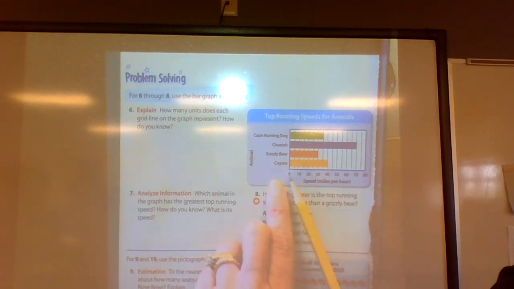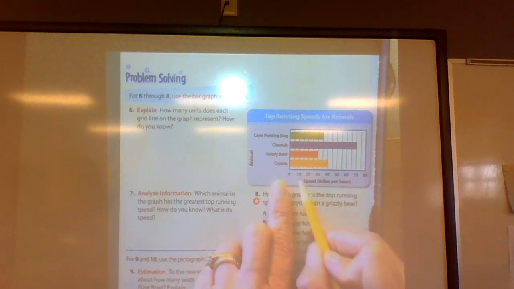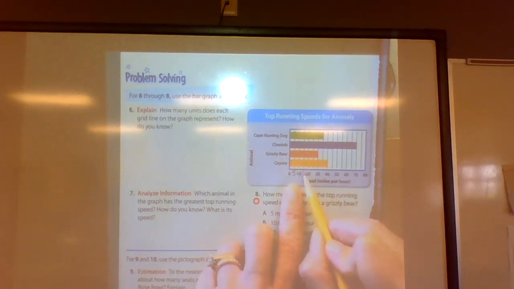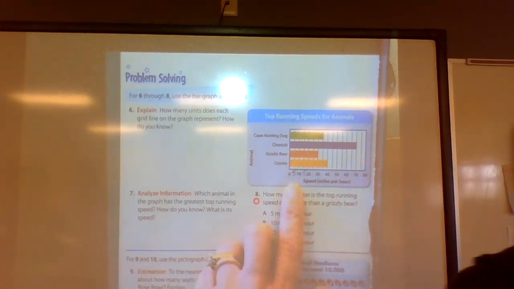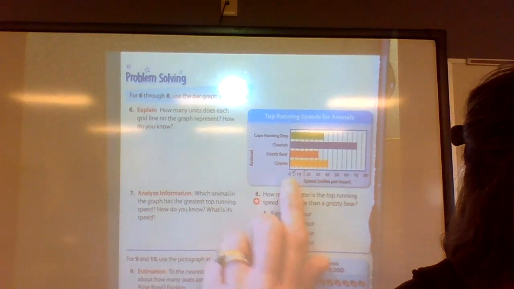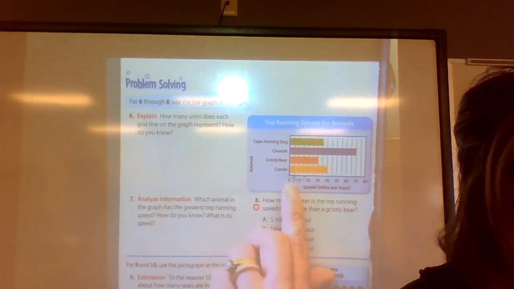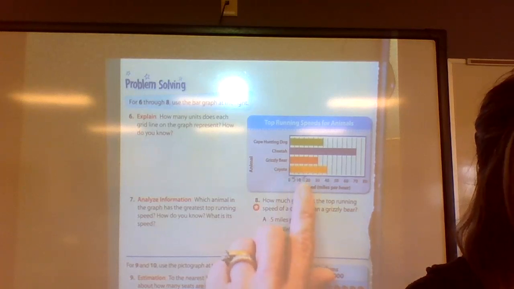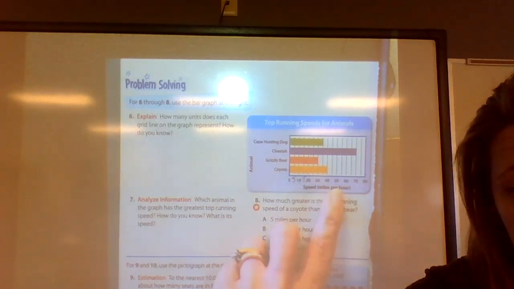In this case, you're skip counting by tens, but there's a line halfway between 0 and 10. So the line halfway between 0 and 10 would be 5. And the line halfway between 10 and 20 would be 15. So each unit, each line is counting by 5s, but labeled by 10s.